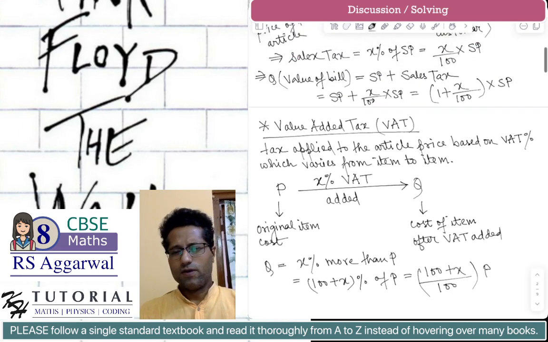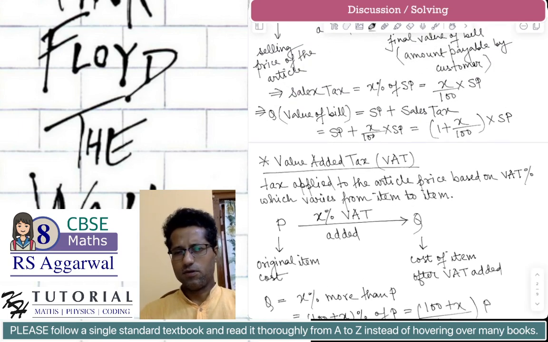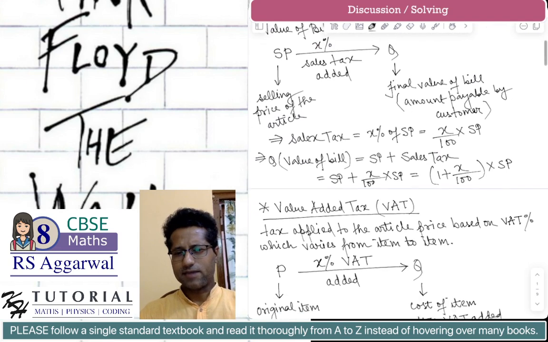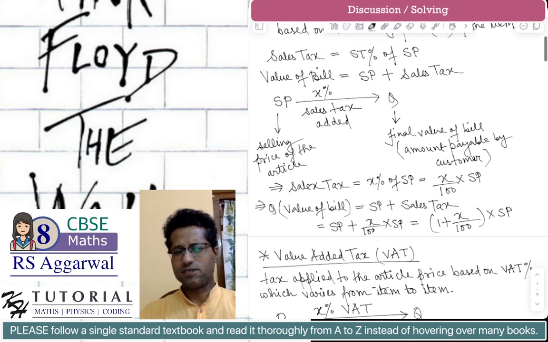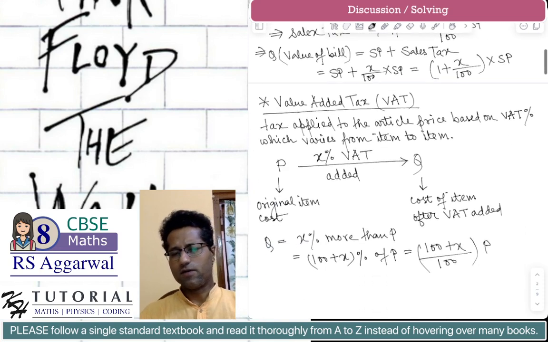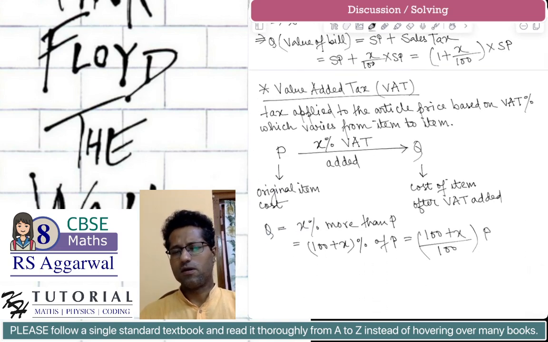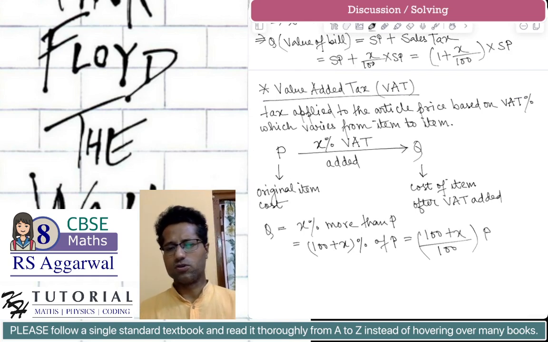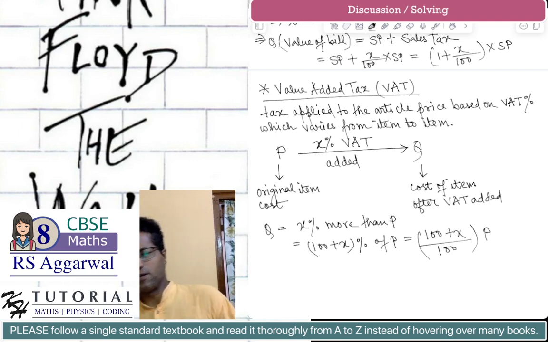One important thing to understand is that the sales tax amount or this VAT never contributes to the profit of the shopkeeper or the dealer, because this amount is not going to the shopkeeper, it is going to the government, either the state government or the central government.